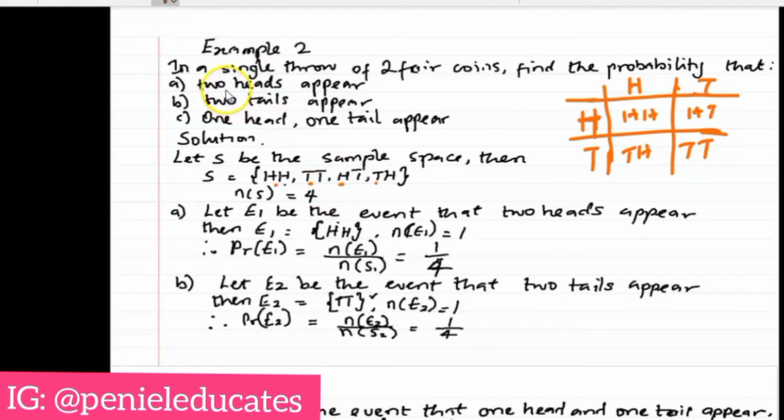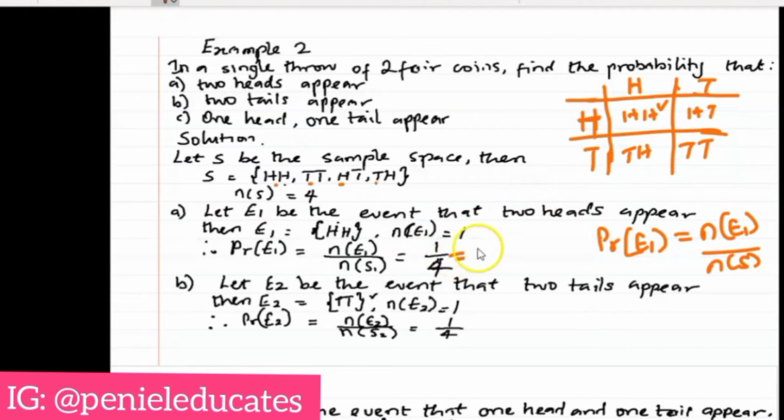Then we have to find the probability that 2 heads appear. If we represent the event that 2 heads appear with E1, then we have the number of elements in E1 over the sample space. There is only one way that 2 heads can appear, so the number of elements is 1.